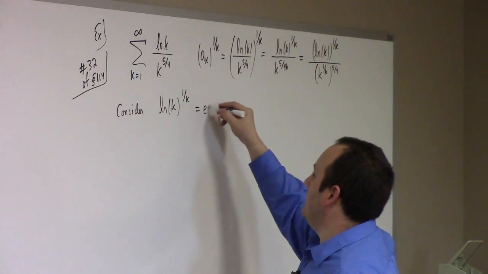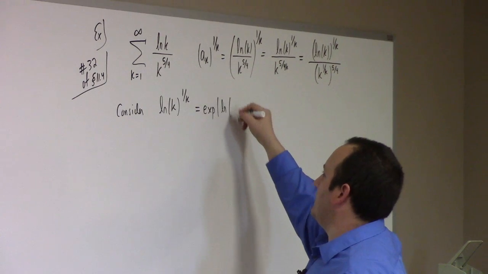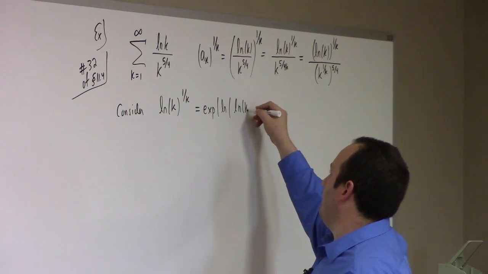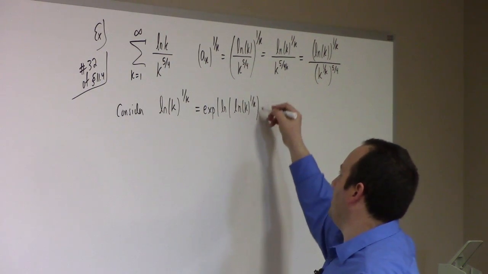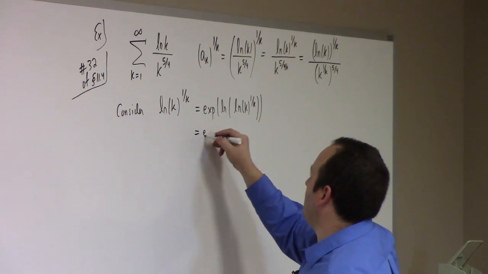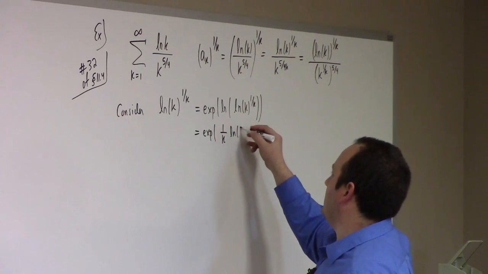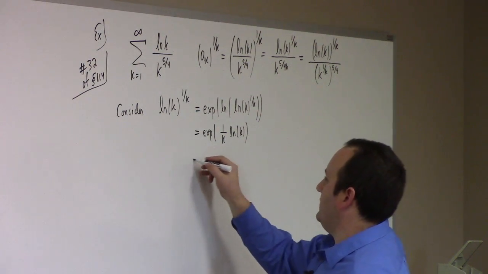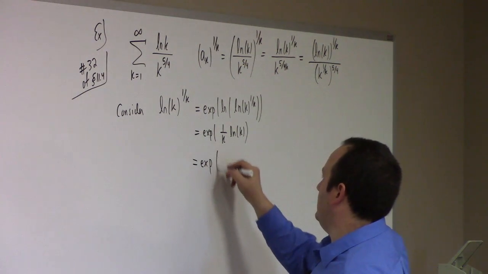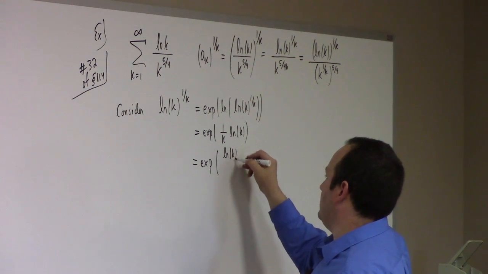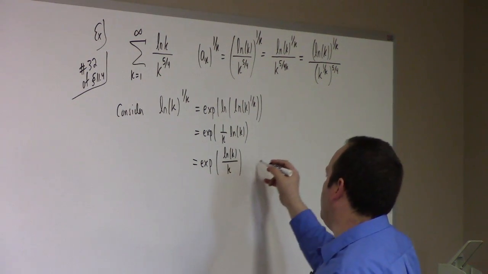So I do what? I do exponential of the natural log of this thing, and I rewrite it. So that's exponential of 1 over k times the natural log of k. In other words, it's the exponential of the natural log of k over k, right?